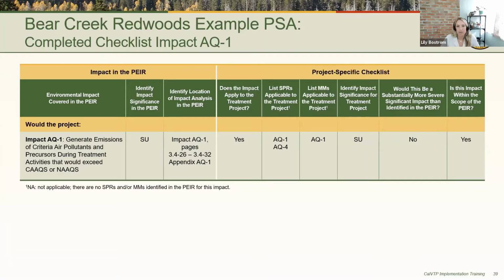There were 2 standard project requirements and 1 mitigation measure that were applicable to this treatment project. The impact significance for this particular project was significant and unavoidable. However, this would not be a substantially more severe significant impact than was identified in the program EIR, and this impact was found to be within the scope of the program EIR. Next slide, please.